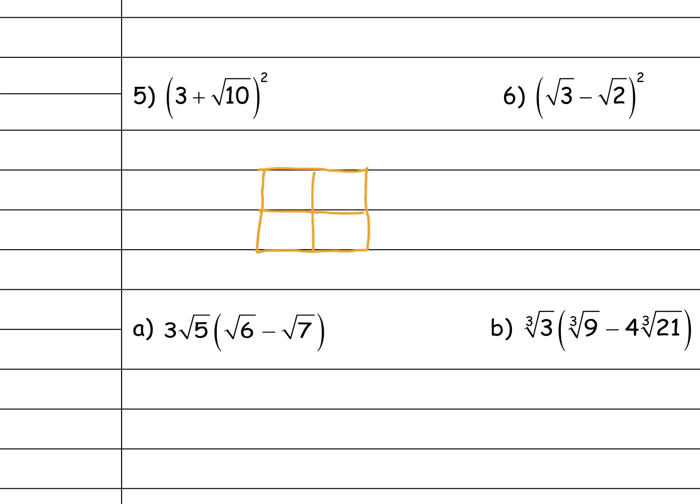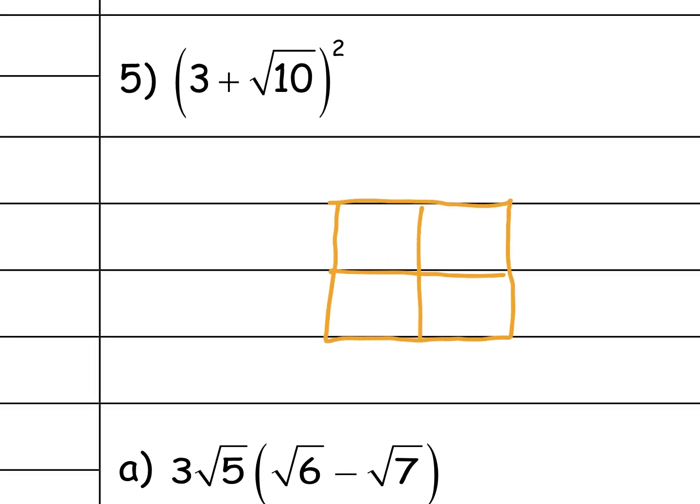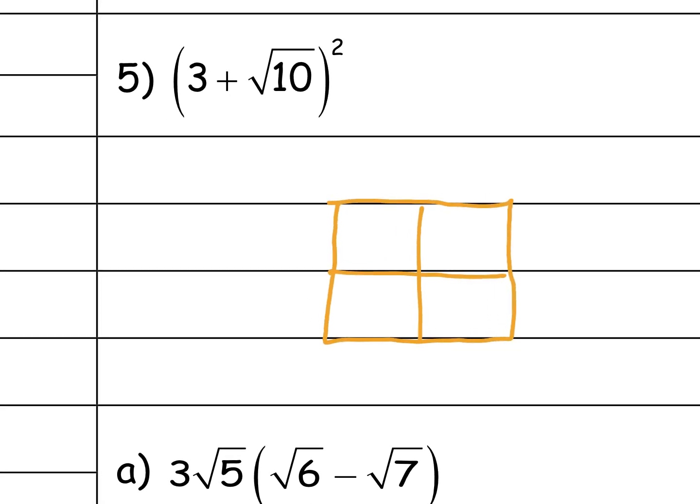And I'm going to blow this up bigger. Thanks. So I've got 3 square root of 10 times 3 square root of 10. Because remember, what does it mean to be squared? To multiply by itself, right? So I'm multiplying it by itself. 3 times 3 is 9. And then I get 3 square root of 10 and 3 square root of 10.